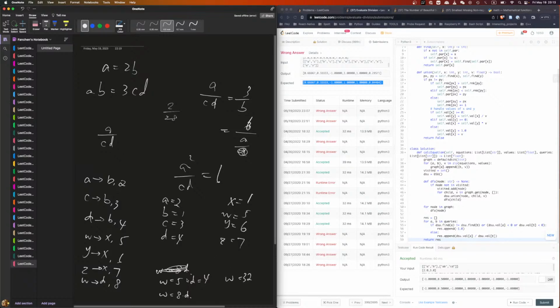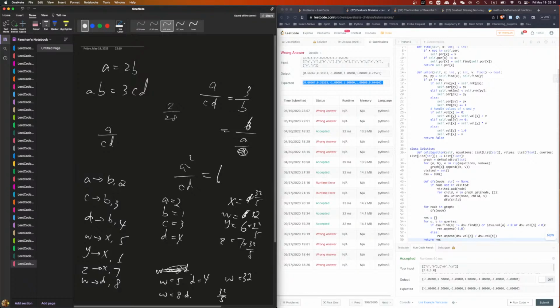But original W is 5. So everything associated with W shall be scaled by 32 divided by 5, which means this is going to be 32, and everybody in the same group needs to be multiplied by 32 divided by 5.